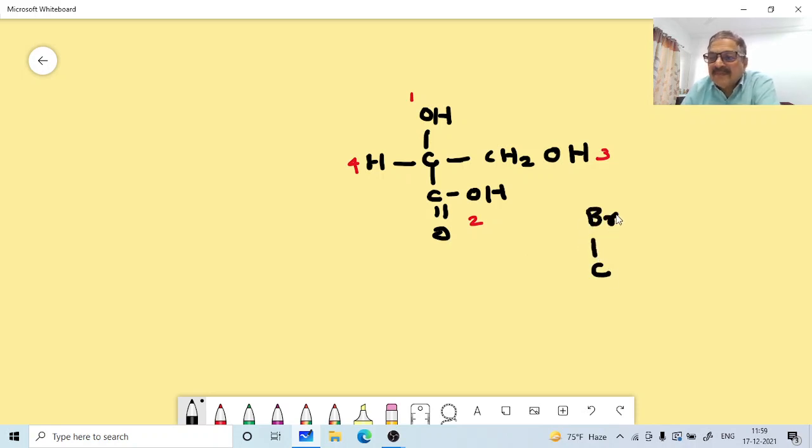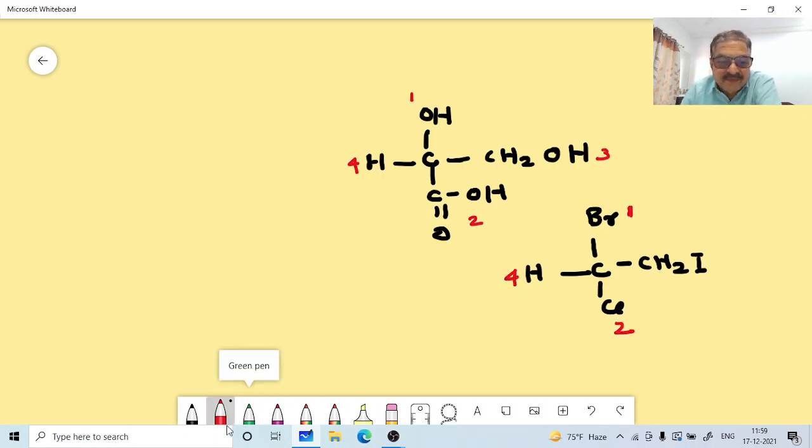So, like this, we can say, if we have a compound like this, a carbon, then we have a bromine, then chlorine, CH2I, then we have a hydrogen here. Okay, here, how will you assign the priorities? So, bromine is number 1, because it has the highest atomic number. Hydrogen is 4. Then, here, chlorine is 2.